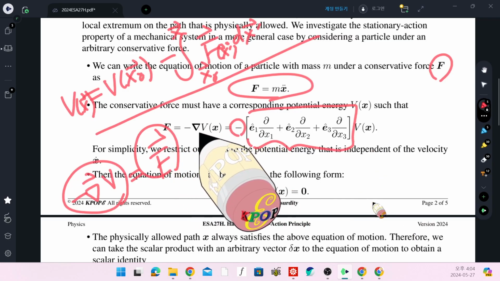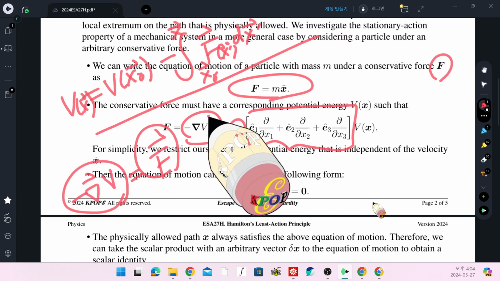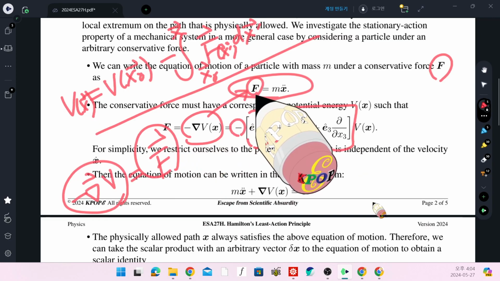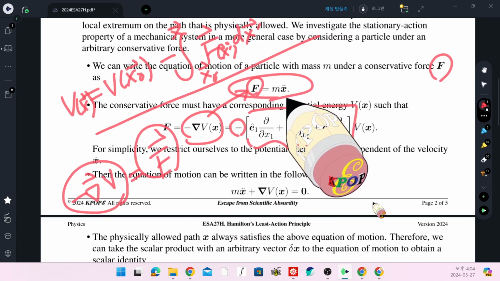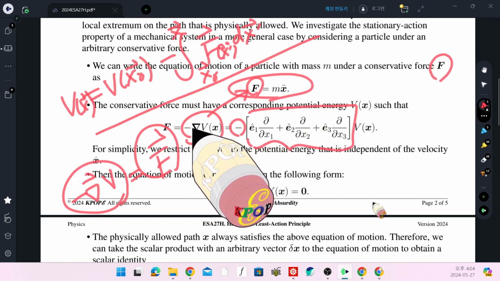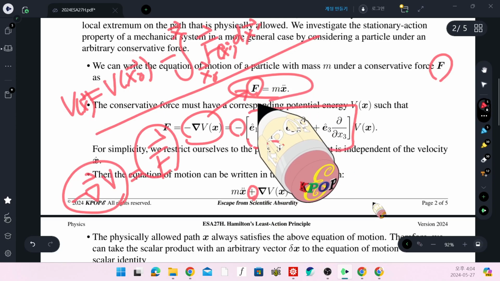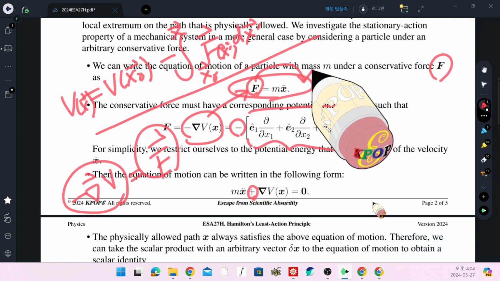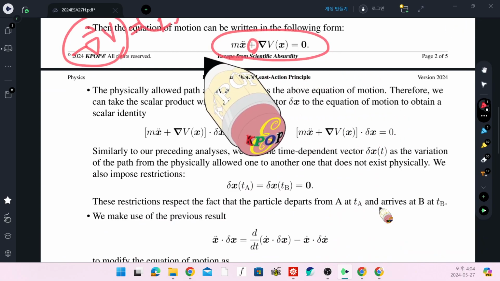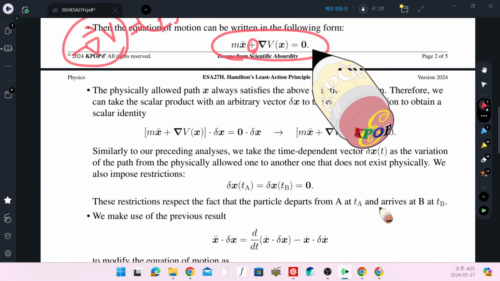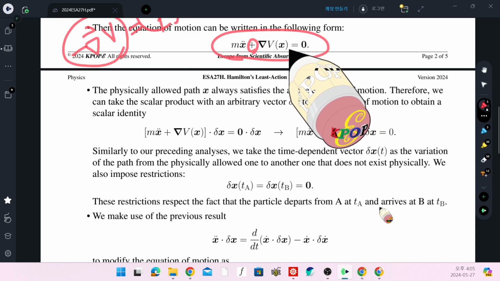If I substitute this for the F, what we find is mass times acceleration. The negative sign becomes a positive sign if I move this one to the right-hand side. So Newton's second law of motion can be expressed like that.